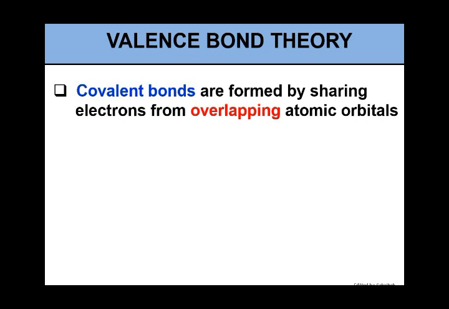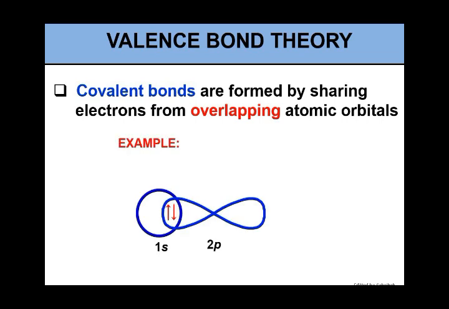As the amount of orbital overlap increases, the bond strength also increases. Covalent bonds are formed by sharing electrons from overlapping atomic orbitals. For example, we have 1s and 2p, and the overlapping here shows opposite spin.